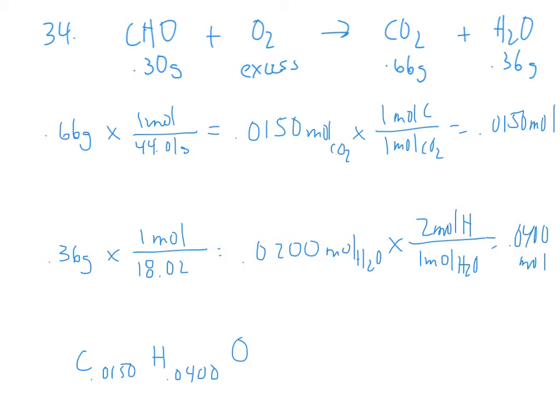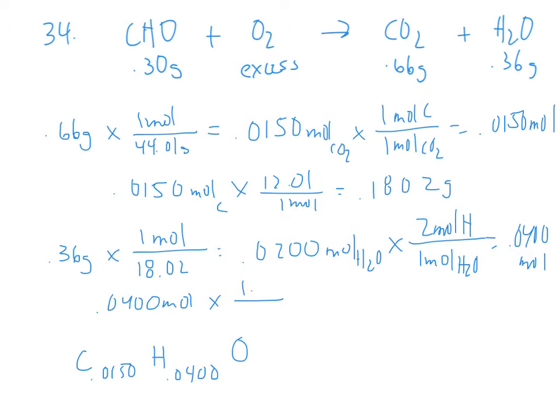I could take the 0.0150, that's how much carbon there is, times 12.01 grams per mole of carbon, and I see that my 0.0150 is really 0.1802 grams of carbon. And if I do the same thing with my hydrogen, 0.0400 moles of hydrogen times 1.01 gram per mole is 0.0404 grams of hydrogen.